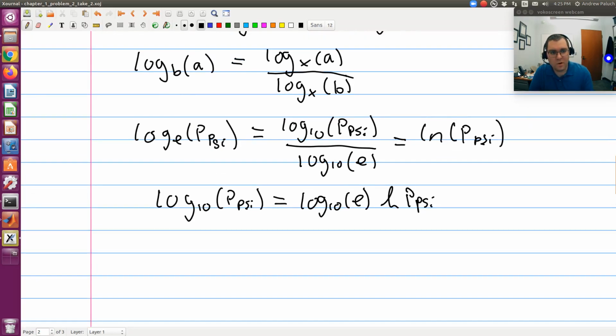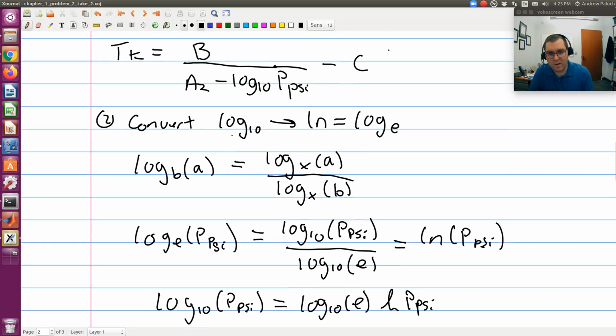Now I'm going to plug into my original expression, log base 10 of PSI, with this. A value of log base 10 of P is equivalent to log base 10 of E times natural log of pressure in PSI.